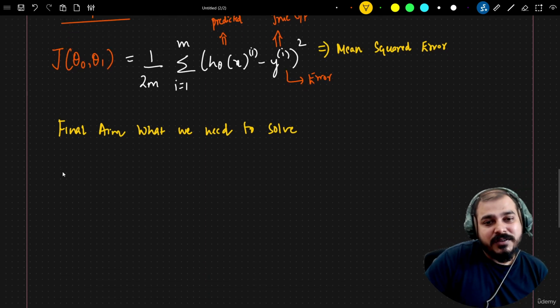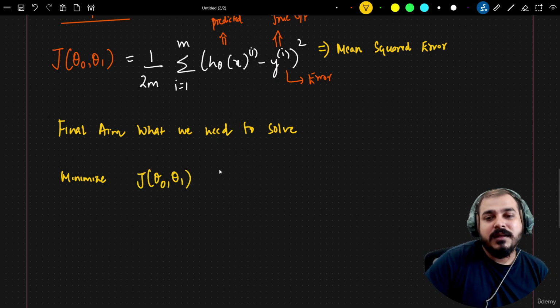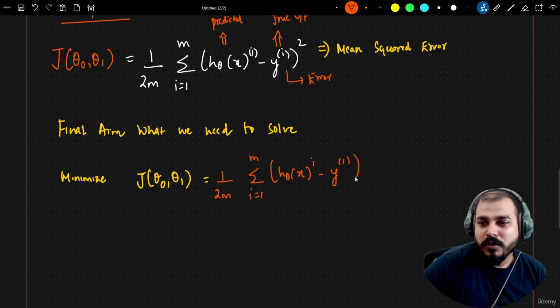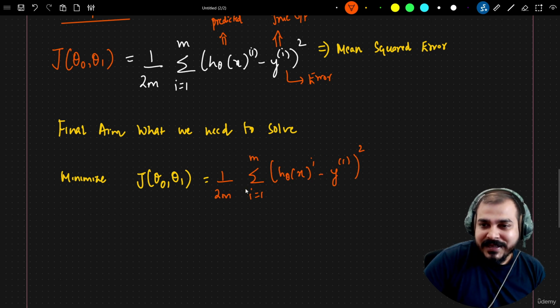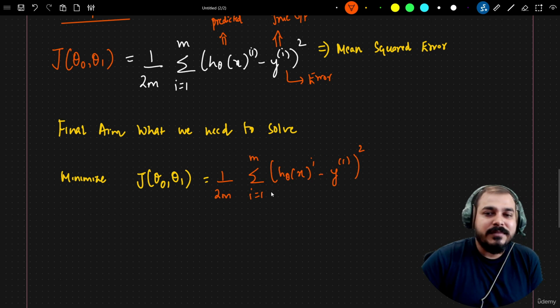Our main aim is to minimize the cost function J(theta 0, theta 1), denoted by this equation: 1 by 2m summation of i equal to 1 to m, (h theta of x of i minus y of i) whole square. Since we are dividing by m, we get the mean, so we call this cost function mean squared error.